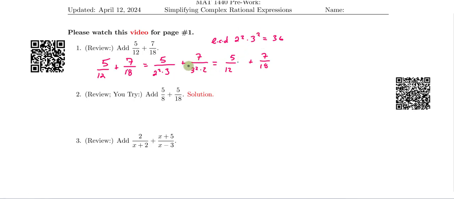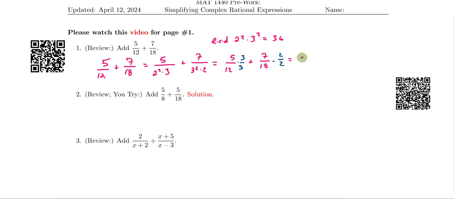So this first term, 5 twelfths, has the factors 2 squared times 3, and so it's missing 1 power of 3. So I'm going to multiply this by 3 over 3. This second term, whose prime factors are 3 squared and 2, is missing a 2 from the LCD, so I'm going to multiply this one by 2 over 2.